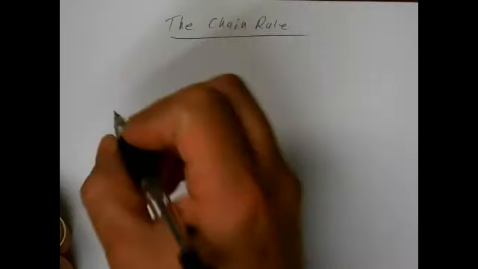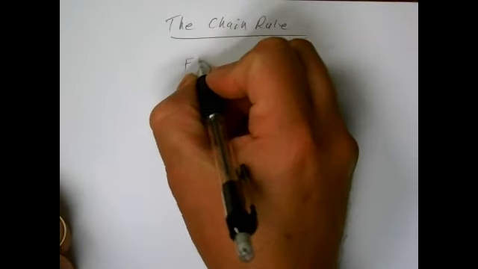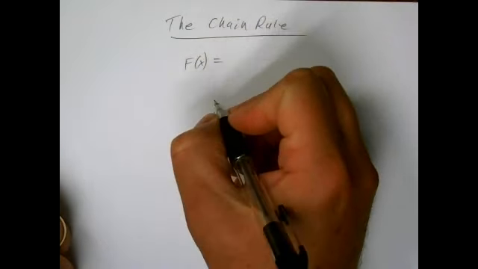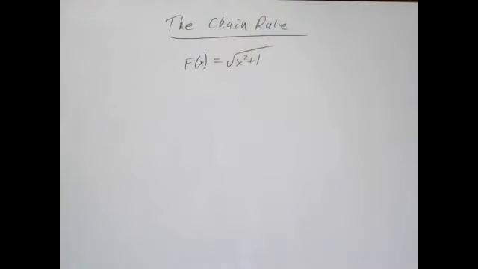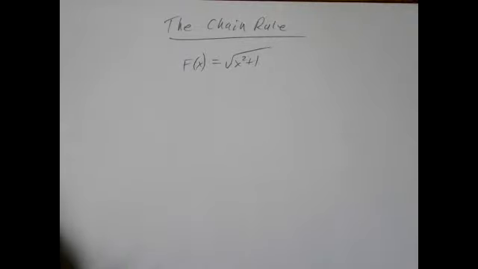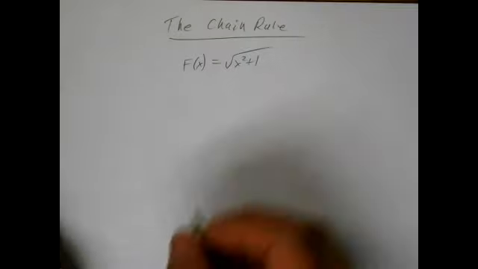And here's where the chain rule becomes necessary. Let's say we had a function f of x equaling the square root of x squared plus 1. The rules we have up to this point would not allow us to take that derivative, mainly because f of x is a composition of functions.